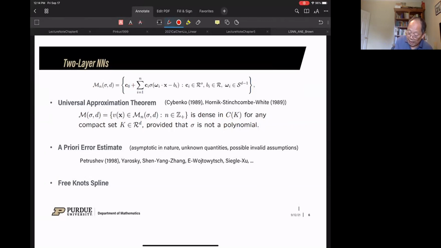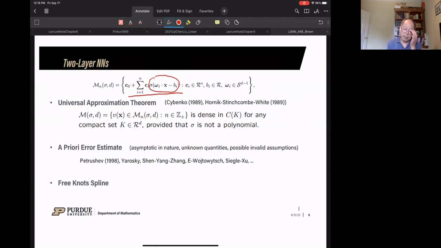As I write here, every function is a linear combination of basis functions. If the omega i and the b i are fixed, then these are exactly fixed basis functions. But in a neural net, the omega i and b i are degrees of freedom, parameters to be determined. That is one of the reasons why the neural net is so powerful in approximation.